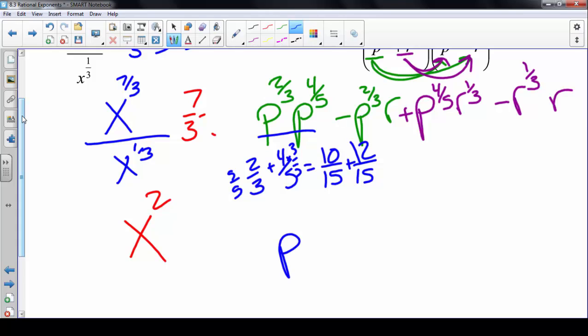So we actually get p to the 22nd over 15 minus, now notice these two, they both have p's and r's, but those exponents aren't the same, so we cannot combine them.